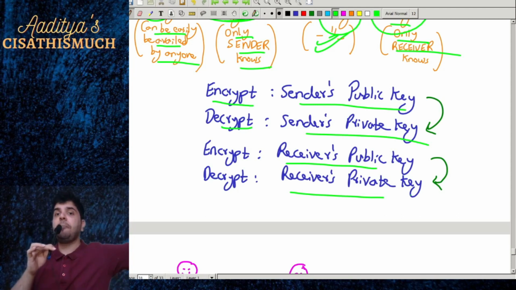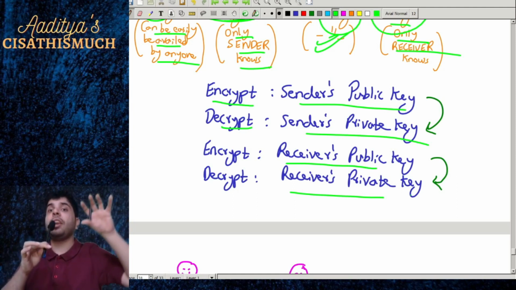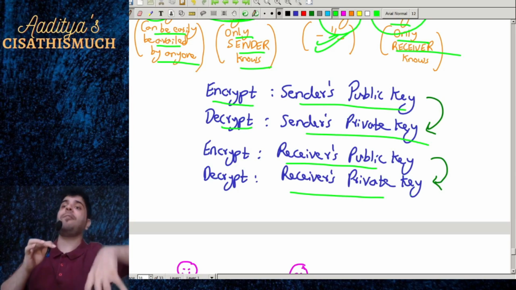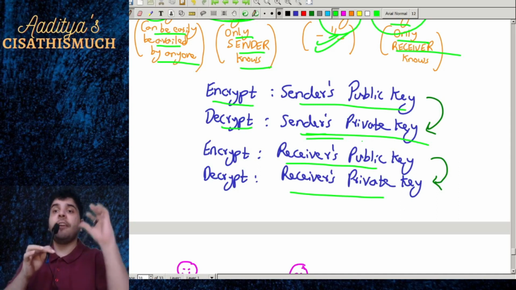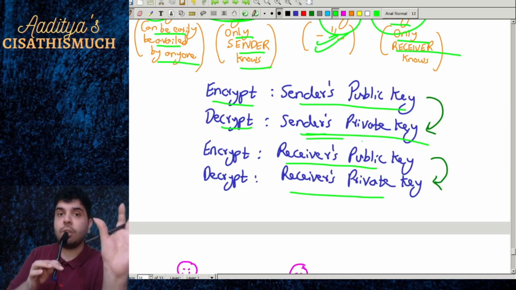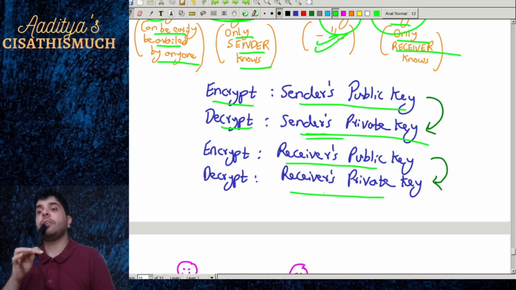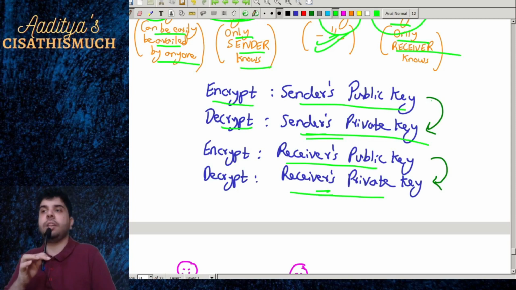You can encrypt a particular piece of data using the sender's public key. If you are using the sender's public key for encryption, you will have to use the sender's private key for decryption. And if you are encrypting the data using the receiver's public key, you will have to use the receiver's private key to decrypt the data. Now this can also be the opposite.